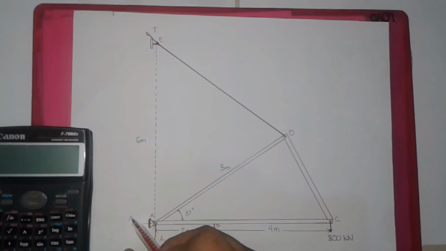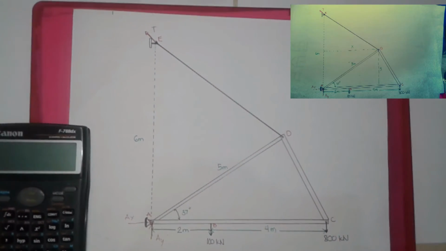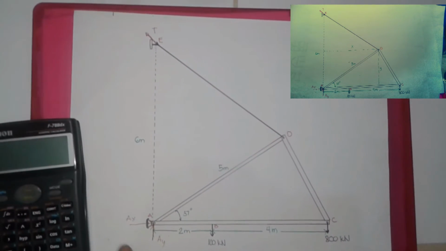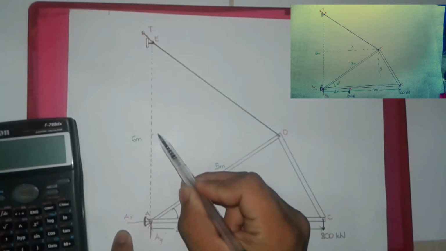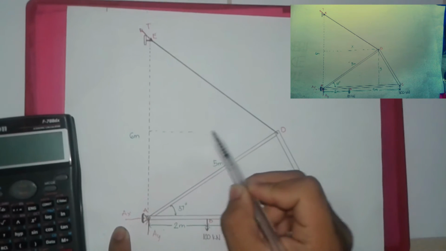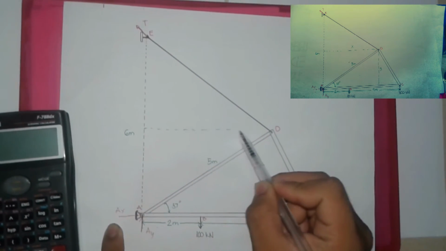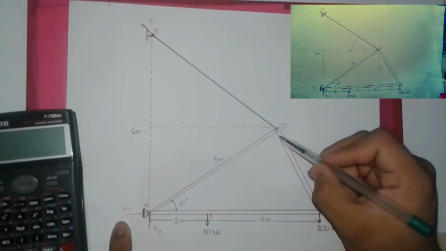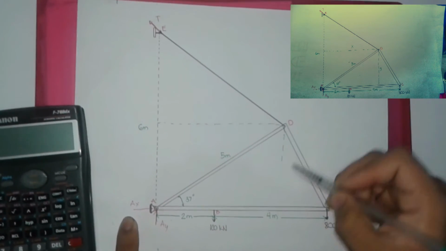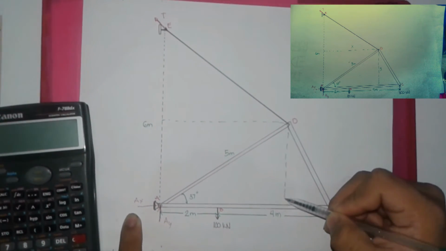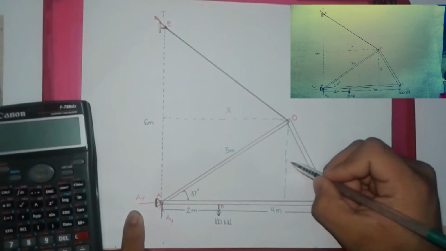We are assigning X as the distance of E from D, and Y for the distance of D from the line AC.